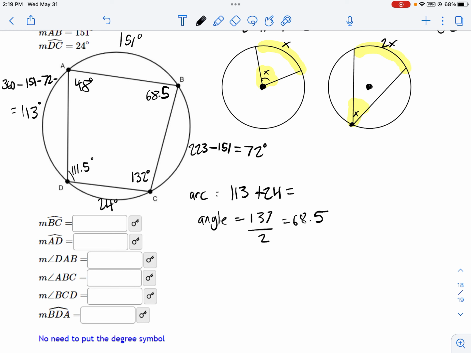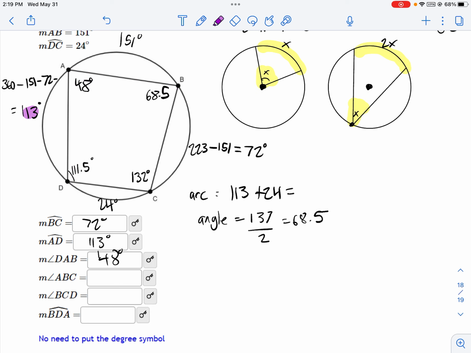Okay, so the arc from B to C. We found that section, right? That's this arc right there. We said it was 72 degrees. All right, the next one we need to find is the arc from A to D. We've done that. That's 113. All right, now as we keep it running, the angle from DAB. So DAB, that's this angle right there, 48 degrees.